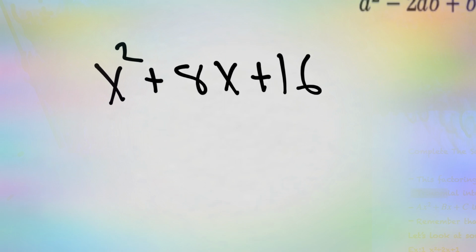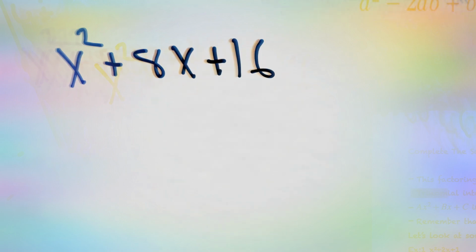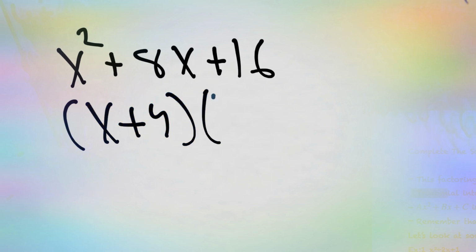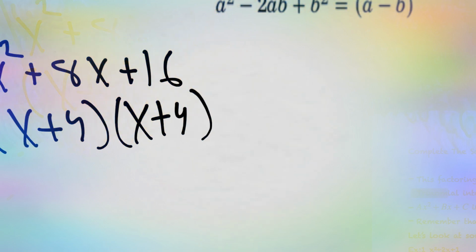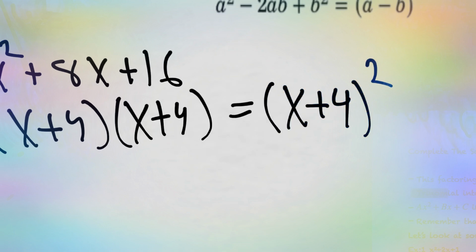So we can see 4 would satisfy this, right? If we had factored this, it would be x plus 4, x plus 4. And because we can factor it this way, notice these terms are the same. So since it's a perfect square trinomial, we can write it as x plus 4 squared.